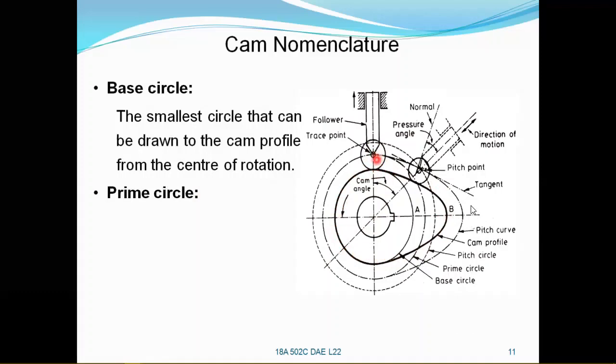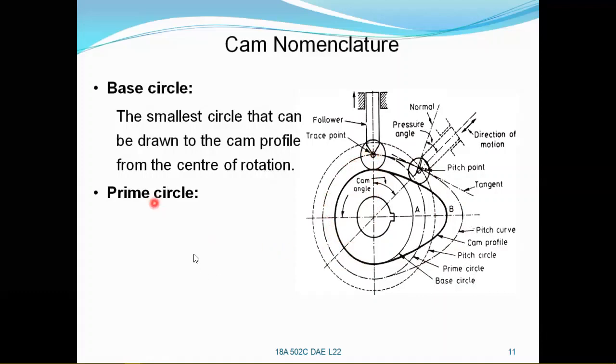And from here to here is the distance, maybe this much is the smallest distance for this curve, and this point is called a trace point. If we draw a circle with this radius, that is called prime circle.